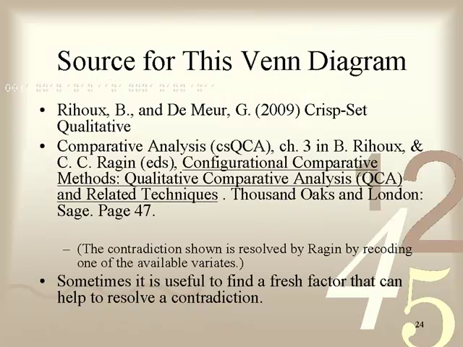The source for that Venn diagram is, as I say, Tosmana software and Rihoux and De Meur's chapter in Rihoux and Ragin's book. So Rihoux is another author writing about QCA. His base is in Belgium, and the book that he and Ragin have produced is called Configurational Comparative Methods: Qualitative Comparative Analysis and Related Techniques. So they say that this is a school of methods and not just a single method, but they do have these factors in common.